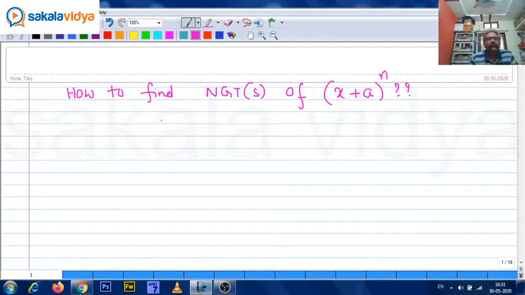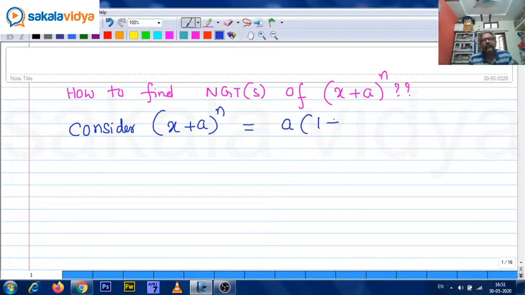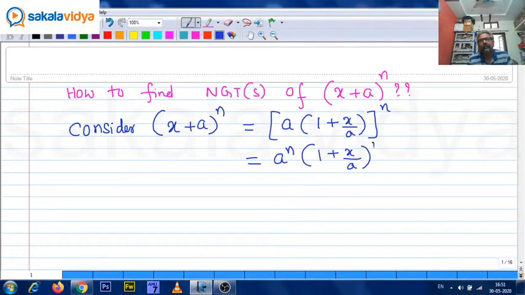Okay. See, if you want to find it here, what we need to do with (x + a)^n is take a common in the bracket. If you take a common, you get a^n (1 + x/a)^n.